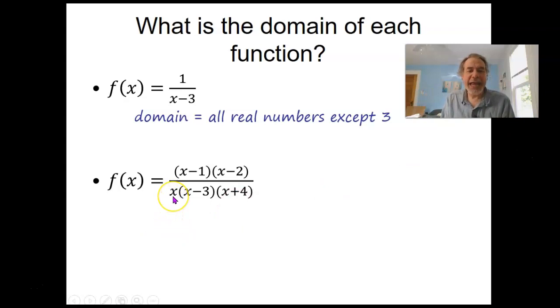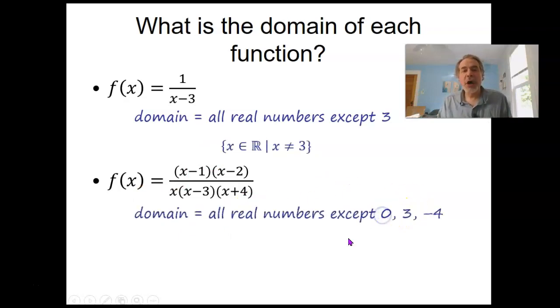So it would happen when x is 0, or when x minus 3 is 0, which is when x is 3, or when x plus 4 equals 0, which would be when x is negative 4. So those are the bad x's. So those are the ones we want to stay away from. Don't put any of those numbers into your function. So the good x's are everything else. The domain there is all real numbers except 0, 3, and negative 4.